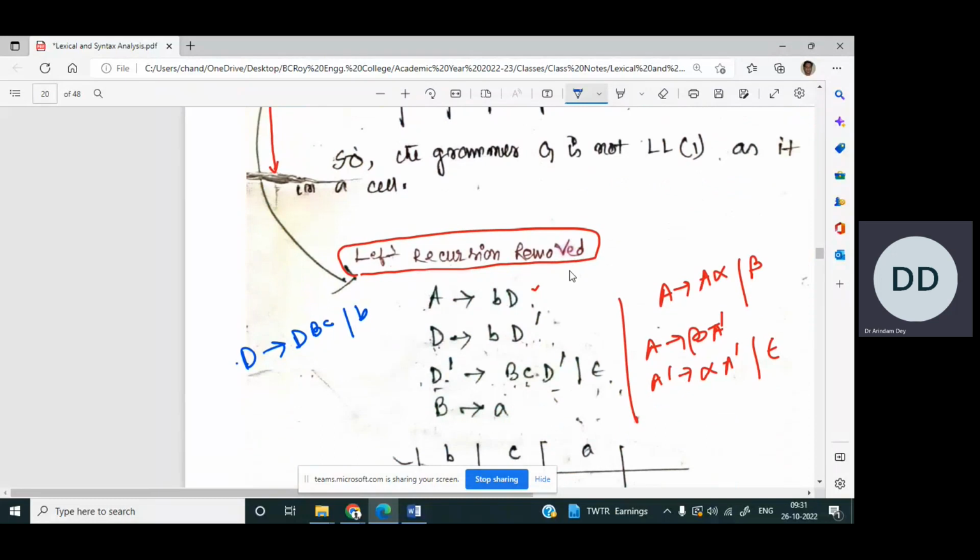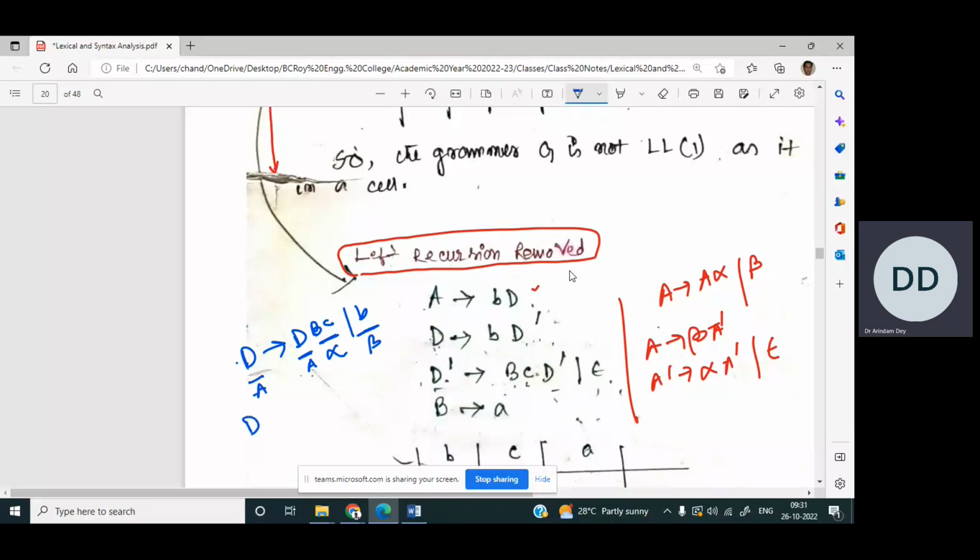Now you can take that this BC part as alpha and this b as beta, and this part as A. So it is in the form of A to A alpha or beta. So what was the rule? A to beta A dash.